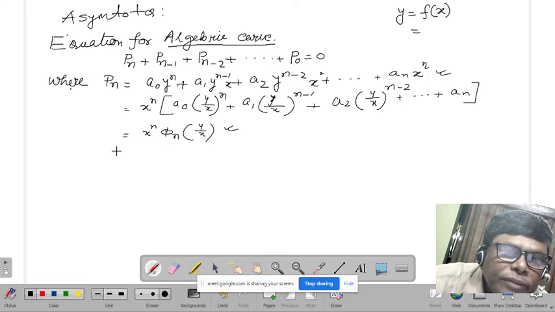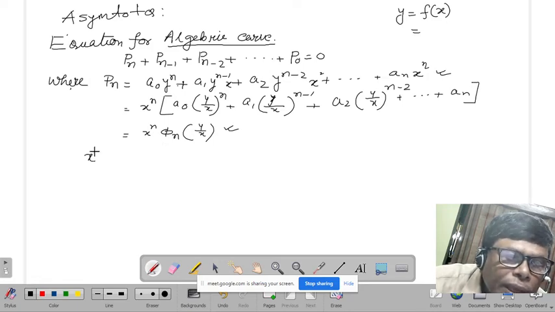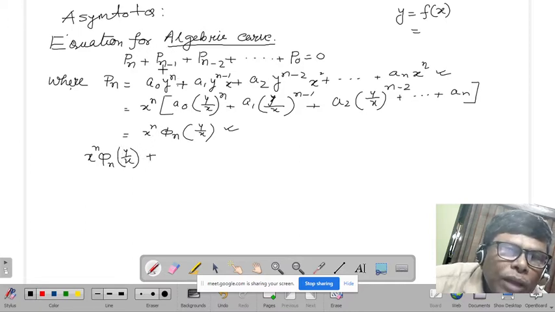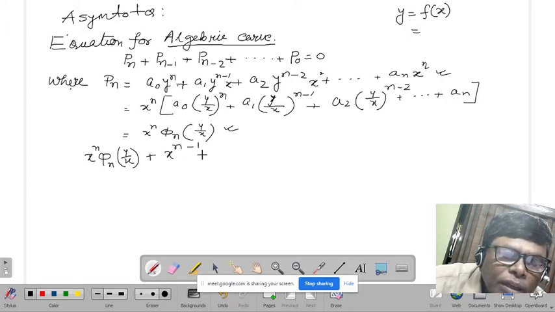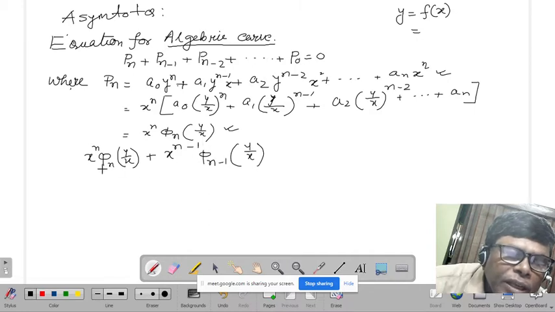to the power n phi n of y by x plus second one will be x to the power n minus 1, so let it be represented by phi n minus 1, and that will also be a function. But here and here these constants may be different.